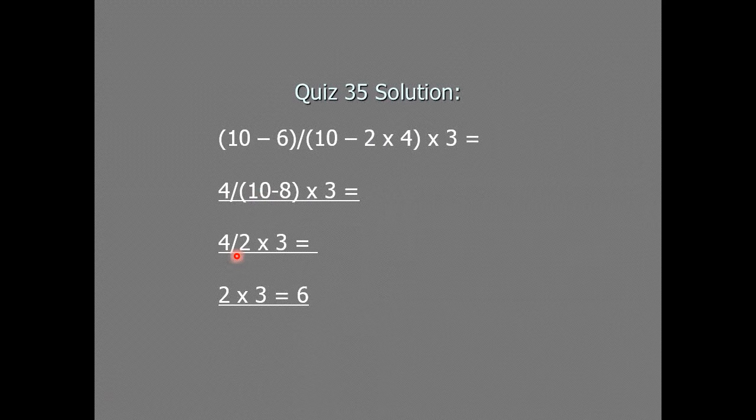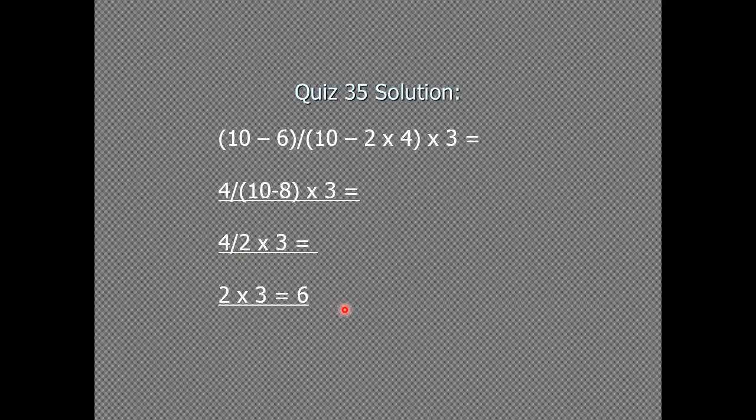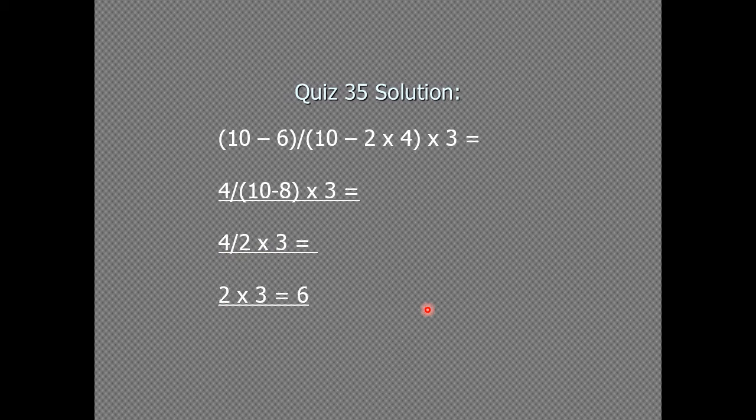Now we have division and multiplication. Remember, in the case of division and multiplication, they both have the same precedence, right? So we take care of the one on the left side first. In the left side we have division, so we do the division first, we get 2, and then multiplication at the end to get 6.